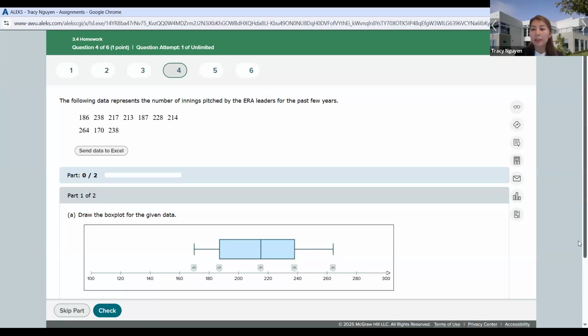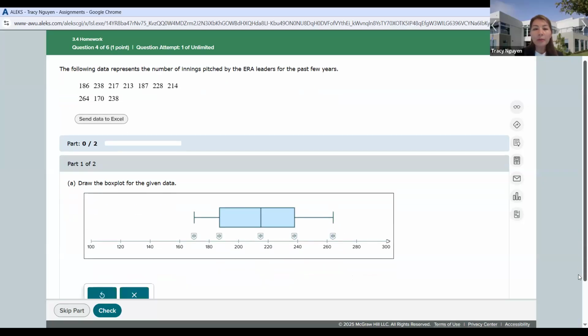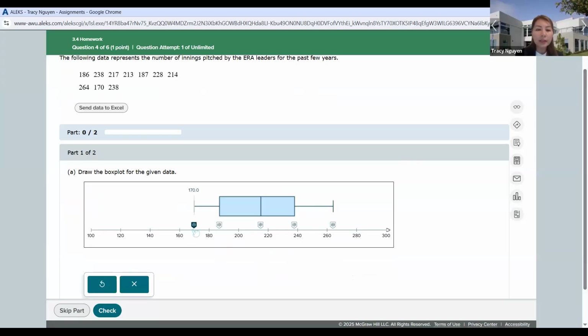There we go. All right, so I'm going to double check my 5 cursors. What I see here: 170, 187, 215.5, not 215. There we go. Then 238 and 264. My advice for you is that sometimes when we move our cursor, a teeny bit can change the value and we didn't notice that.